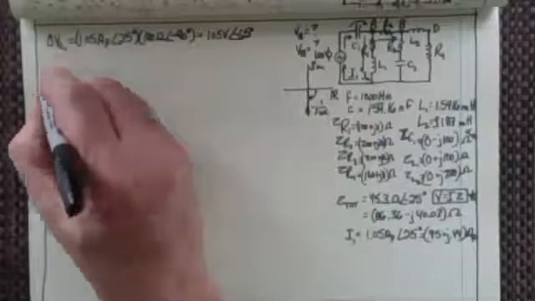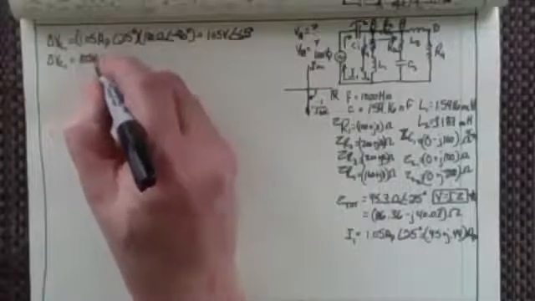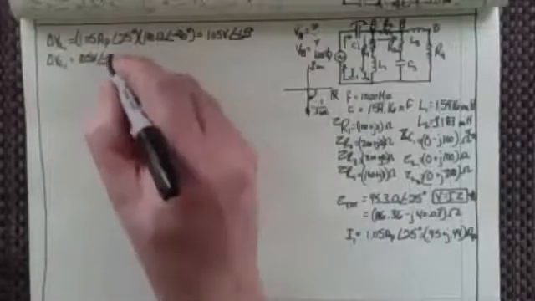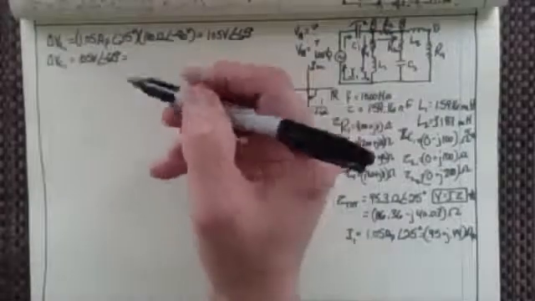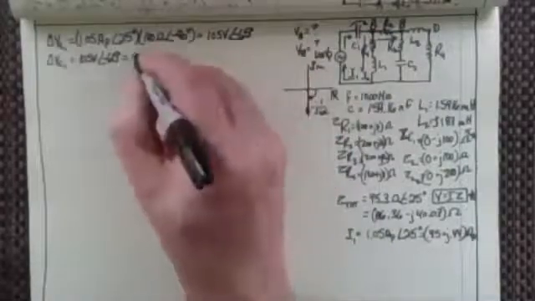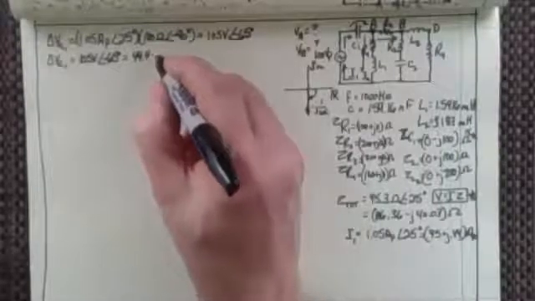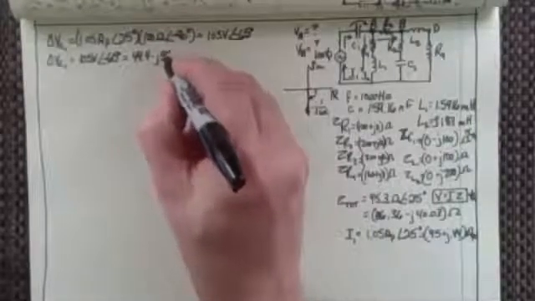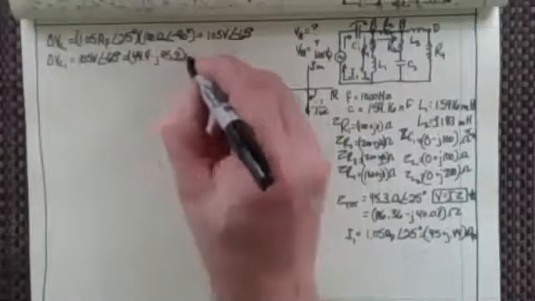So the voltage drop across C1 is going to be 105 volts at minus 65 degrees. And if we break that down into its rectangular form, that's going to give us 44.4 volts minus j95.2, right? So that's my voltage drop.